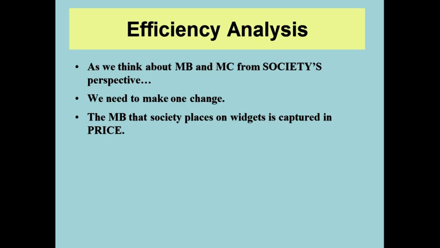That's our marginal value of widgets. So then what we really need to do is compare price versus marginal cost, right? Price instead of marginal benefit. So all I'm doing is making one substitution. Before we talked about marginal benefit versus marginal cost, and now we're going to look at price versus marginal cost.